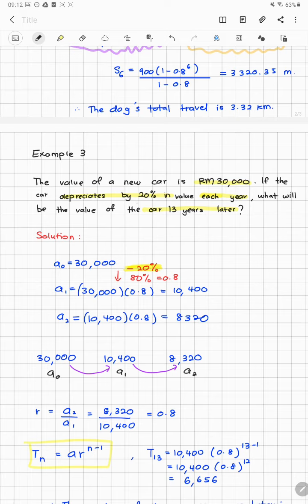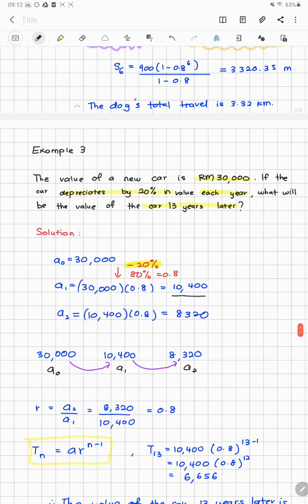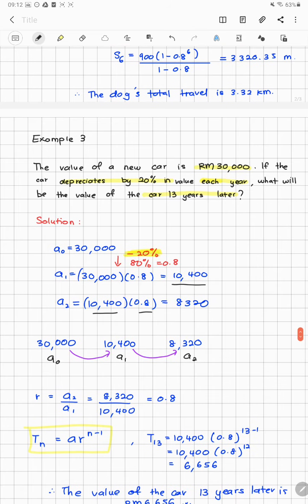So harga dia akan jadi 80% atau 0.8 times dengan 30,000, harga sebelum dia. So kita dapatlah harga dia pada tahun pertama selepas dia guna adalah 24,000. Kemudian tahun kedua dia guna, 24,000 darab dengan 0.8, 80% daripada harga kereta tahun pertama. So harga kereta tahun kedua dia adalah 19,200.